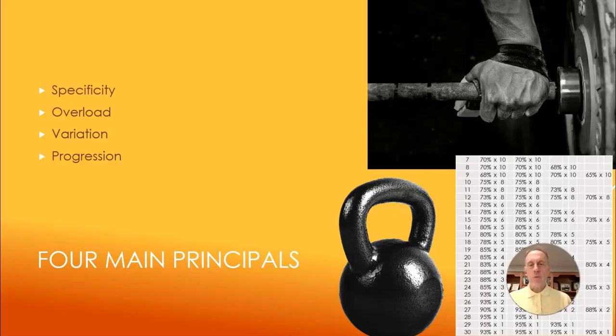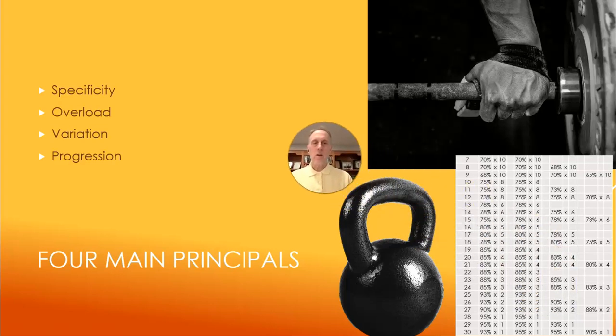But when we get into this, we're really talking about 4 main principles within the context of resistance training. You have specificity. It has to be specific to the outcome that you want, or specific to a sport that you're training for. There has to be overload to tax the system enough to elicit a training response. There needs to be variation in the programming between different variables, which could be barbells to kettlebells, and there needs to be progression.